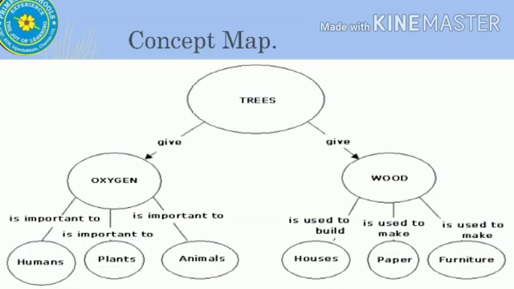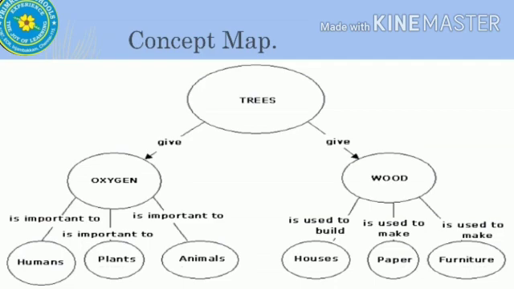How? Now, take a close look at this slide. Assume that I have asked you to write a paragraph about trees. Now, you all will have a few doubts. How should I start? What should I write first?